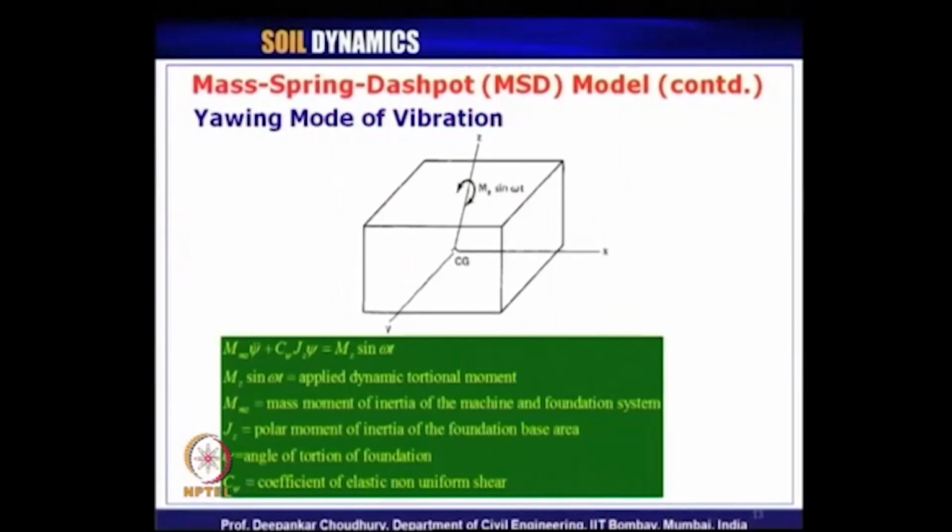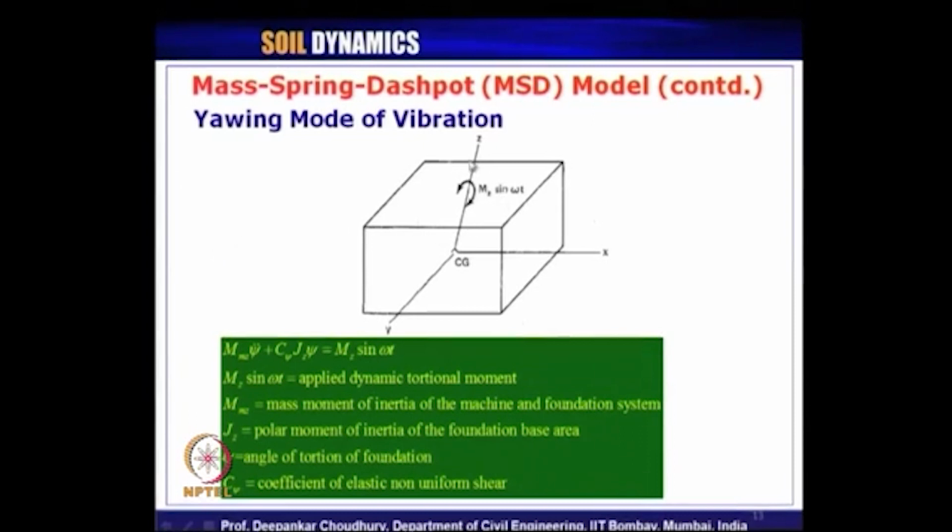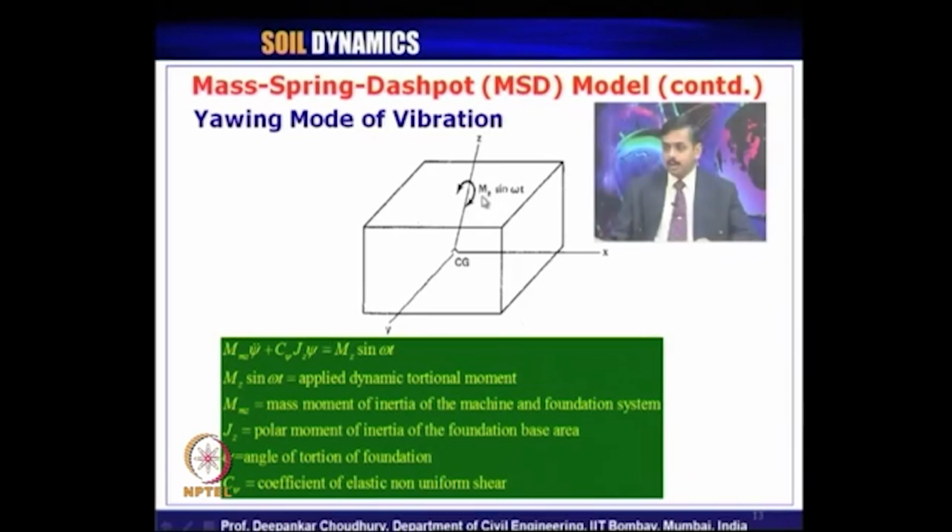etc. Now, coming to today's lecture, yawing mode of vibration is another mode of vibration, in which the block type foundation is rotating about the z axis, and about the z axis the externally applied moment or torque is given, which is mz sin omega t.